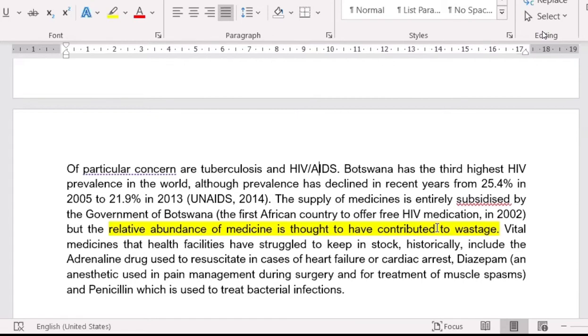Now, let's try as an example to focus on procurement. So what would go wrong if medicines have to be wasted? What would go wrong in procurement? There are many themes.